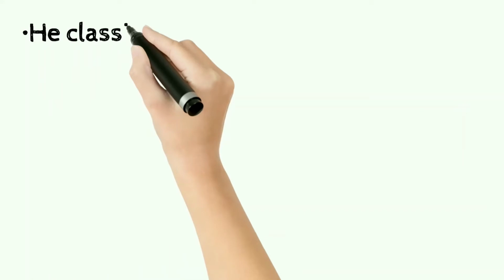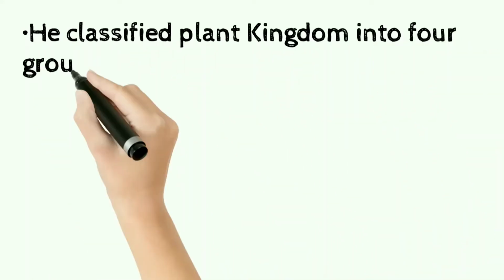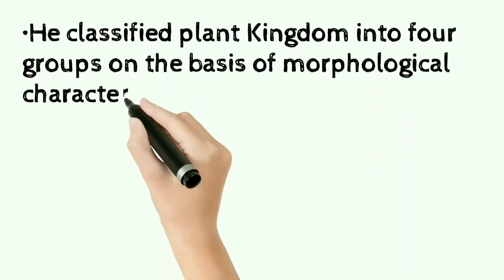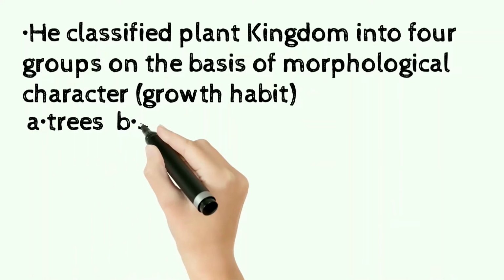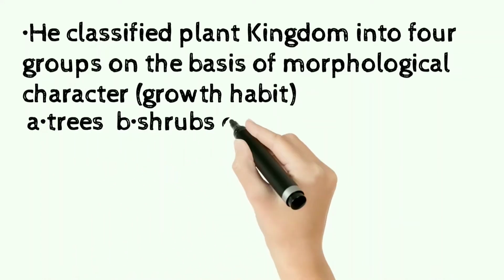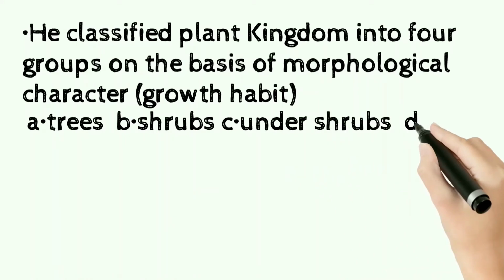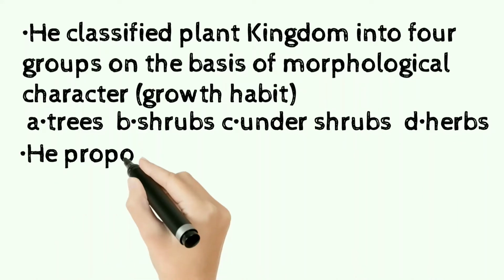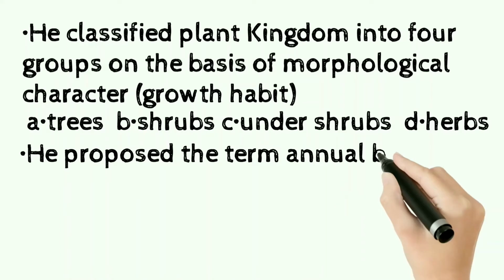He classified the plant kingdom into four groups on the basis of morphological character, that is, growth habit. First, trees, second, shrubs, third, undershrubs, and fourth, herbs. He proposed the terms annual, biennial, and perennial.